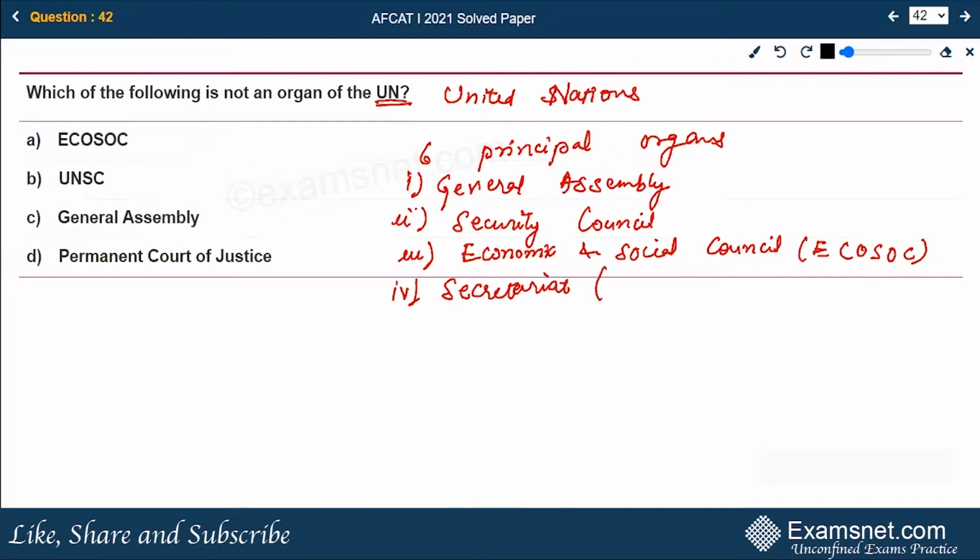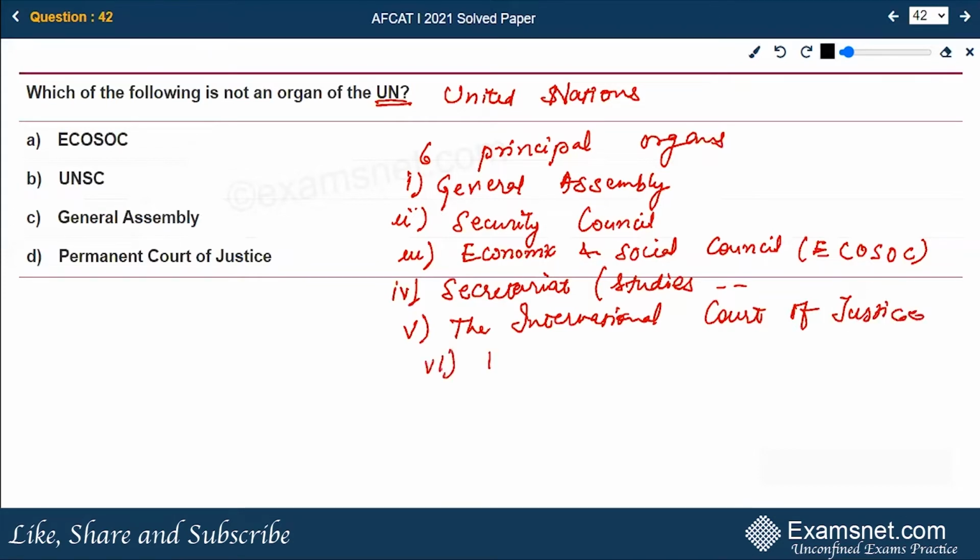It helps in providing studies, information, and facilities needed by the UN. Next, the International Court of Justice, the primary judicial organ. And the last organ is United Nations Trusteeship Council.